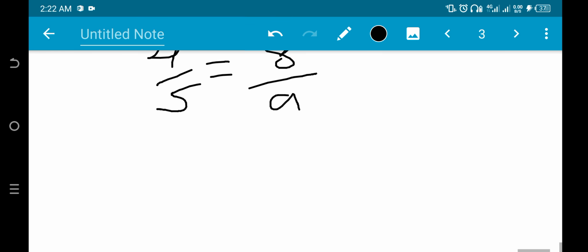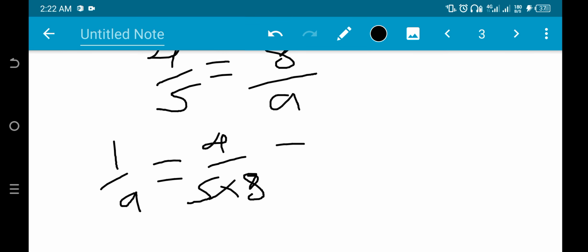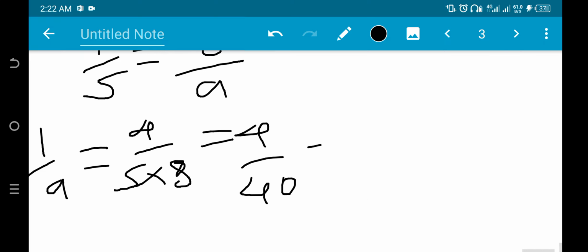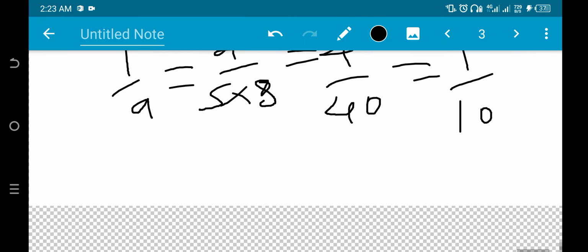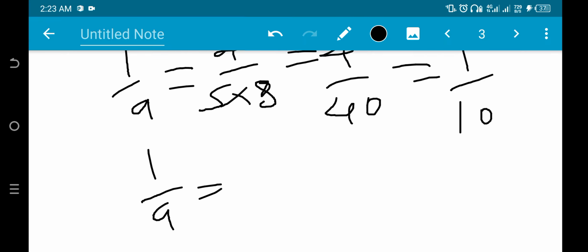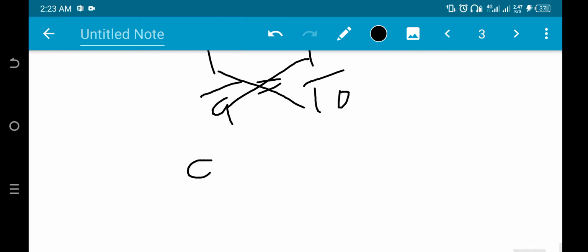So we can see that 1 over a is equal to 4 over 5 times 8, which will be 4 over 40. Now what is 4 over 40? 4 over 40 is 1 over 10. So we can multiply, now our answer is equal to 1 over 10. 10 multiplied by 1 and a multiplied by 1, we are having a equal to 10.